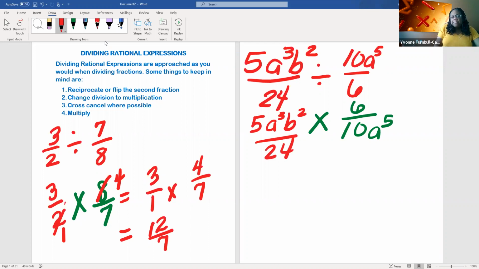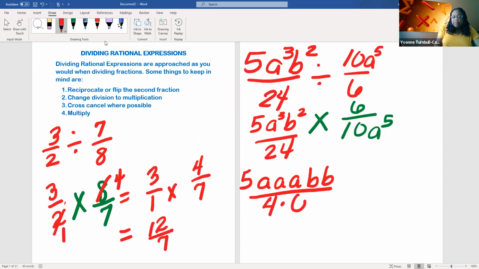Now my next step, I'm going to go ahead and factor. Okay, so 5. A cubed means A, A, A. B squared means B, B. And it's still all over 24. So if we factor one, we might as well factor the other. And 24 can be factored into 4 times 6.